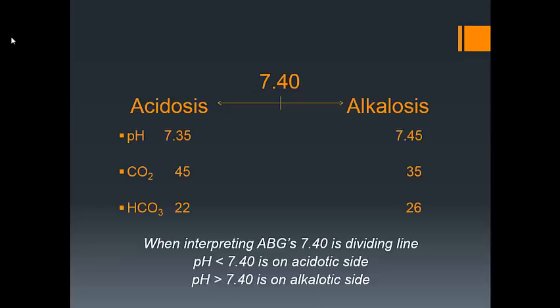How to tell whether you're in acidosis or alkalosis is to look at which side of the 7.40 value your pH falls. Because when you're compensating, the pH will never go past that middle point. If it's acidotic, it will never come higher than 7.40. If it's alkalotic, it will never come lower than 7.40.